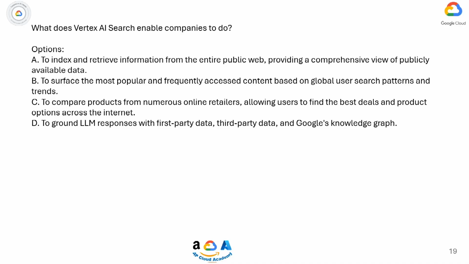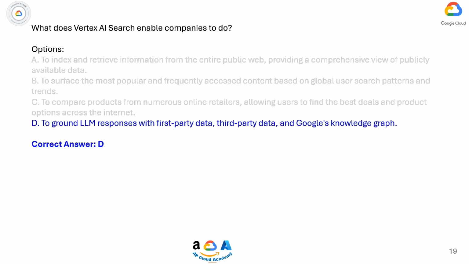C. To compare products from numerous online retailers, allowing users to find the best deals and product options across the Internet. D. To ground LLM responses with first-party data, third-party data, and Google's knowledge graph. Correct answer, D. To ground LLM responses with first-party data, third-party data, and Google's knowledge graph.